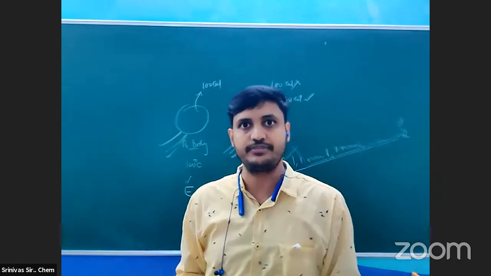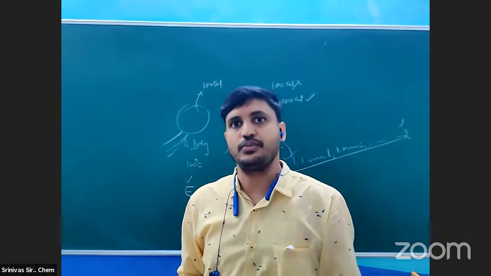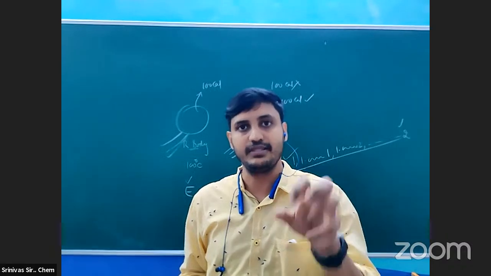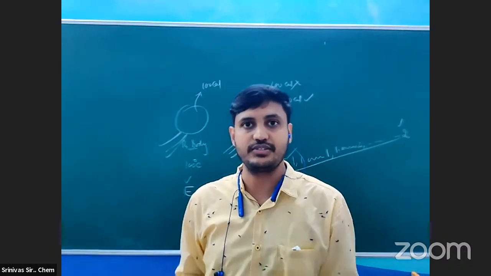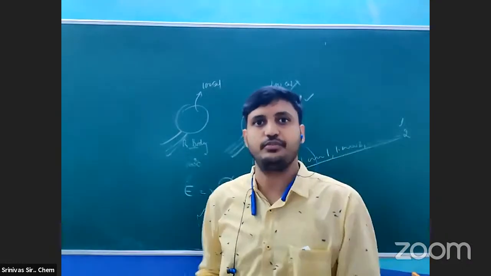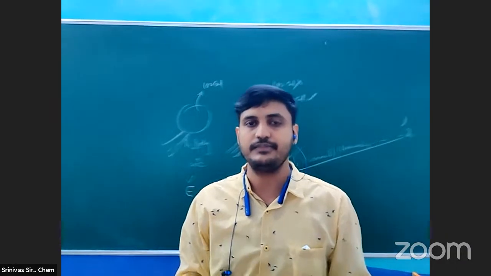They are not continuous. That's what Planck assumed. Energies are emitted or absorbed by the object discontinuously. Therefore, after 1 into h nu, there must be 2 into h nu, but not 1.5, 1.6, 1.8, and so on. Get my point?